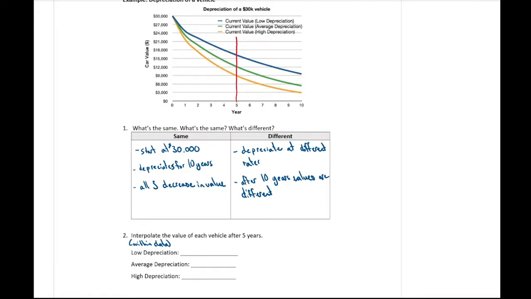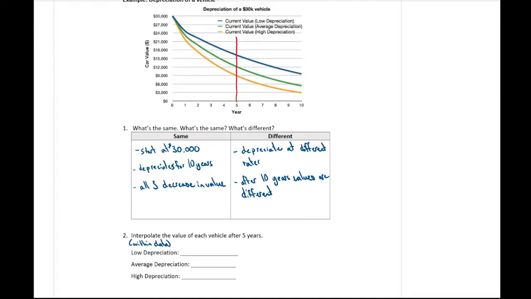So to estimate, I'm looking at year 5. I'm going to draw a vertical line up from year 5 and see at what vertical height this red line crosses each different scenario.